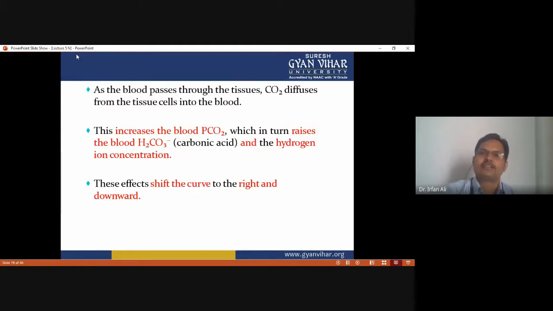As the blood passes through the tissue, carbon dioxide diffuses from the tissue cells into the blood, and this increases the partial pressure of carbon dioxide in the blood, which in turn raises the blood carbonic acid and hydrogen ion concentration, and these effects shift the oxygen dissociation curve to the right and downward.